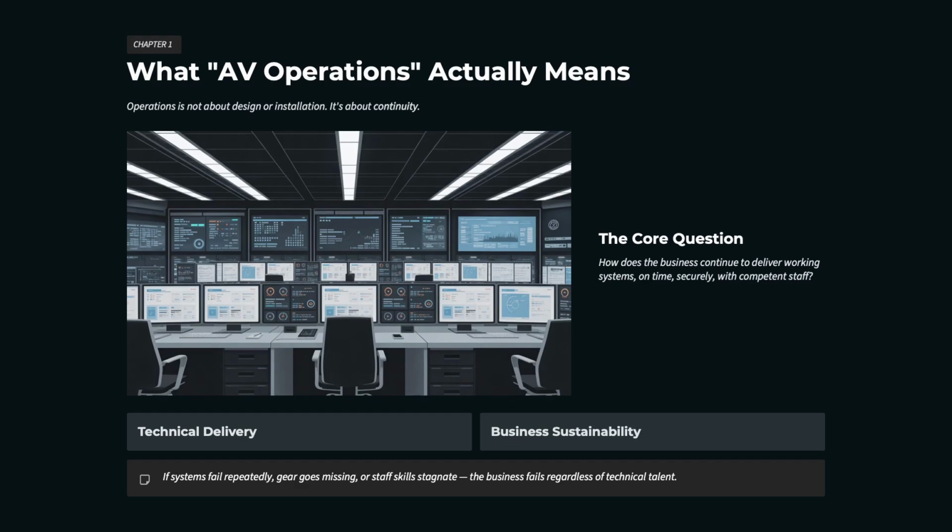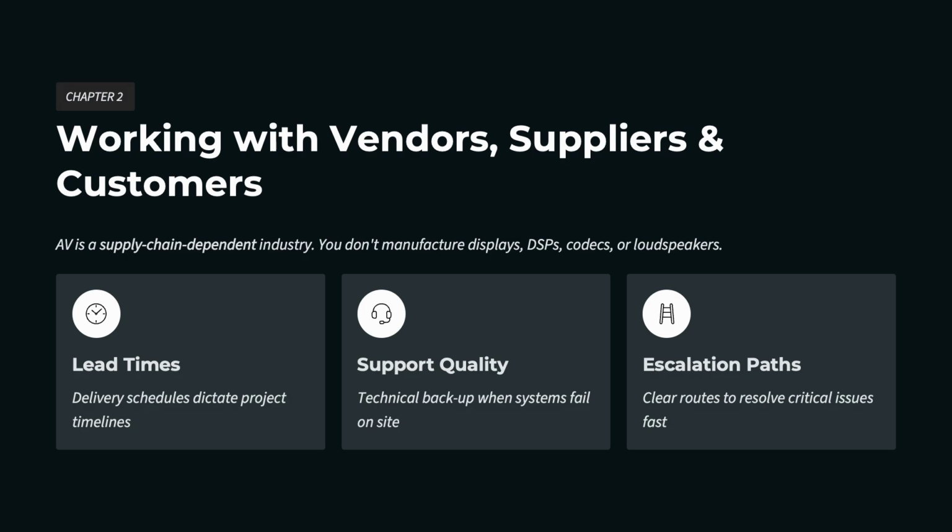If systems fail repeatedly, gear goes missing, or staff skills stagnate, the business fails regardless of technical talent. And when it comes to working with vendors, suppliers, and customers, this matters because AV is a supply chain dependent industry.